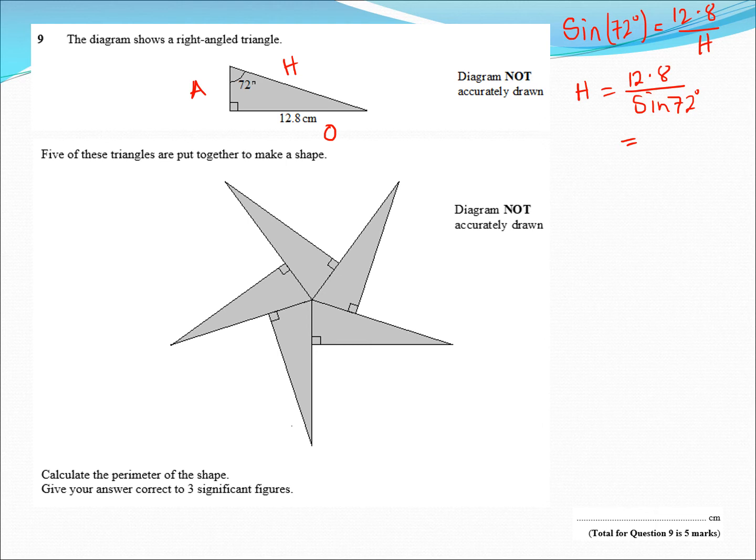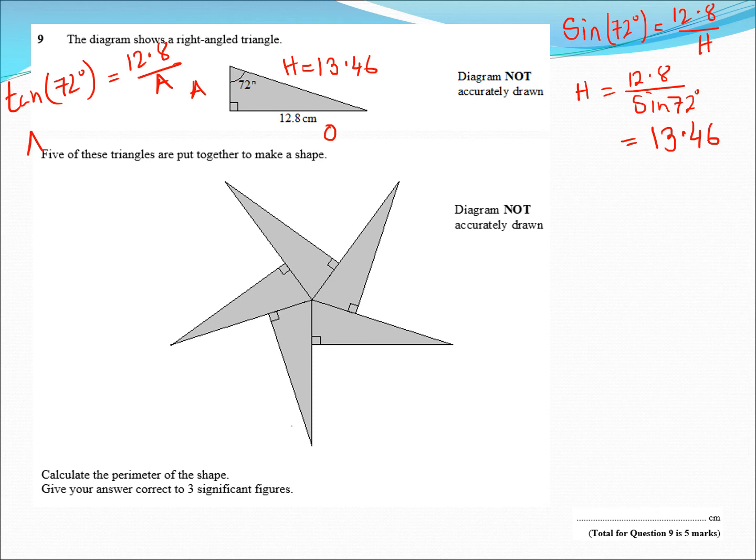So h is 13.46. Now we need to find out a, right? So again I'm going to use O and A, which is tan. So I'm going to do tan 72 degrees is 12.8 over a, opposite over adjacent.